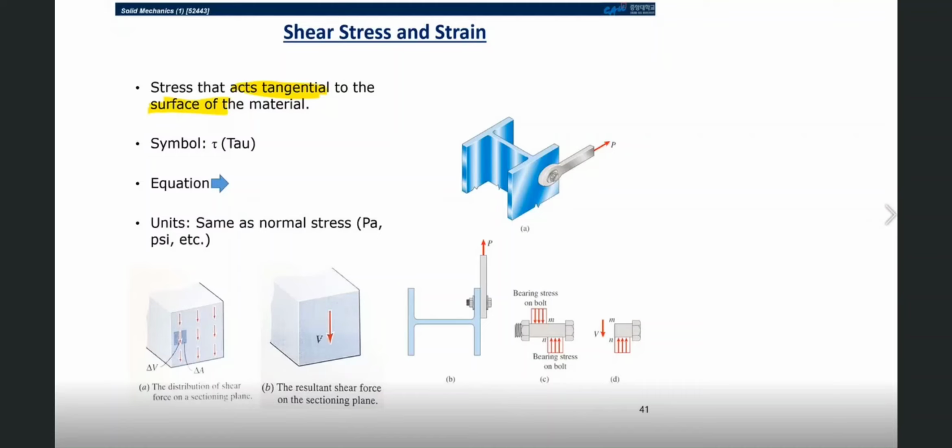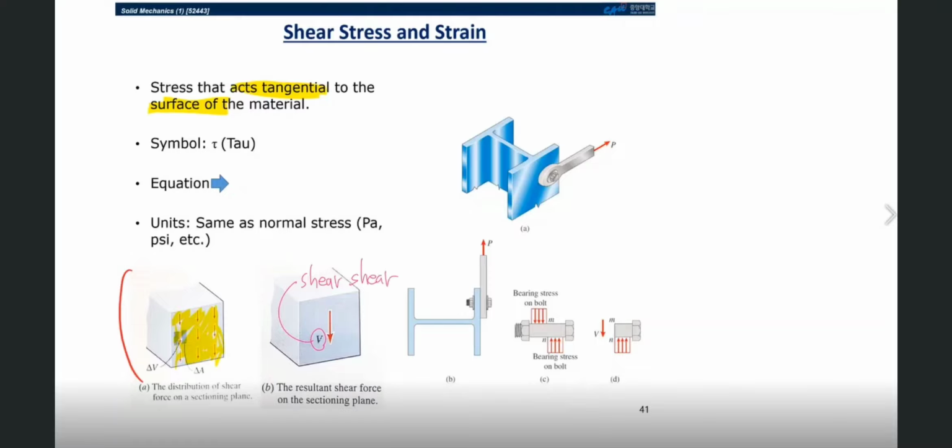So as you can see in this figure, if a plane is passed through a body, a force acting along this plane is called the shear force or shearing force. So this can be identified as your shear stress or shearing stress.